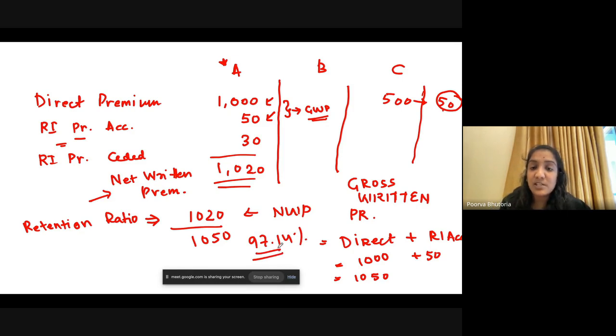Retention, as the name suggests, is: if I'm writing a premium of 100, how much am I retaining? In this scenario that we've built, if I'm writing a premium of 100, I am retaining 97.14% of it. So that's the retention ratio. That is another ratio that you should know of.